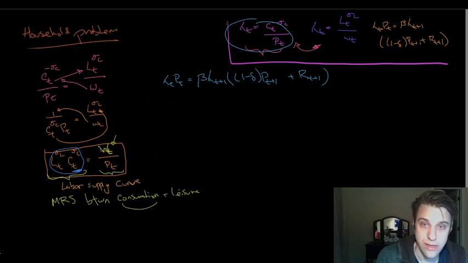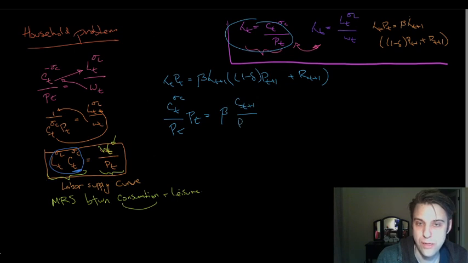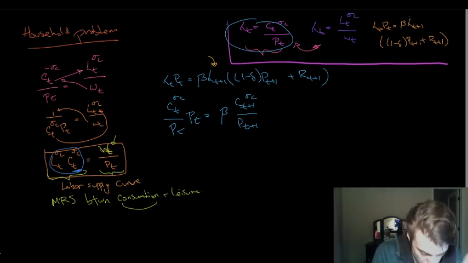So we'll get Ct to the minus sigma c over Pt times Pt is equal to beta Ct plus 1 over Pt plus 1 to the minus sigma c. Now here, there's another important point: the relationships we derive for any variable, for C, for L, for lambda, are true for all time.